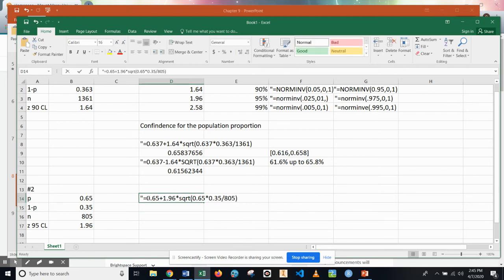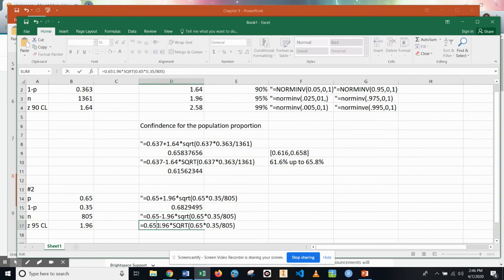This is the addition one, so this should give you my upper value for my confidence interval. And then we'll change that to a minus sign, and that should give me a lower value for my confidence interval.